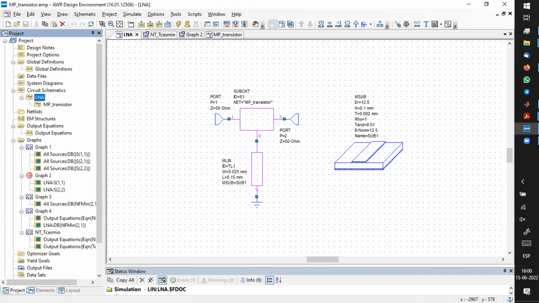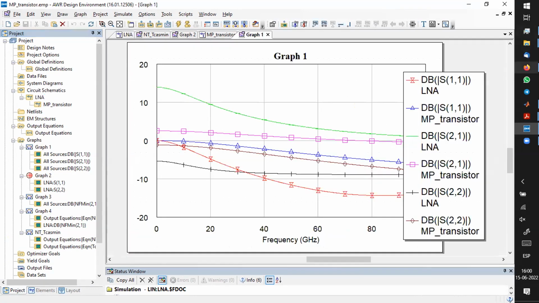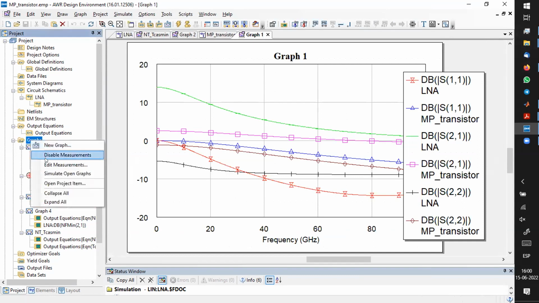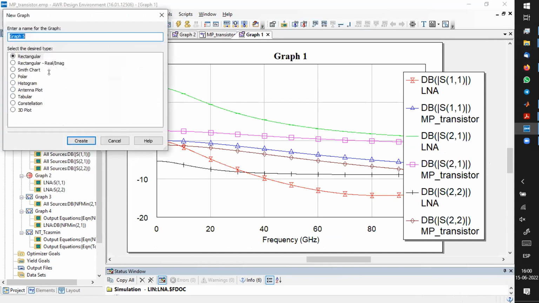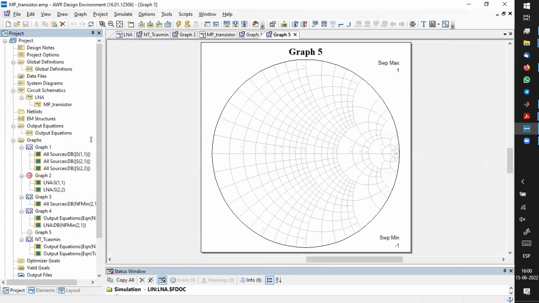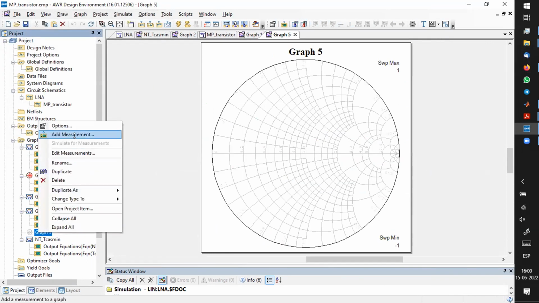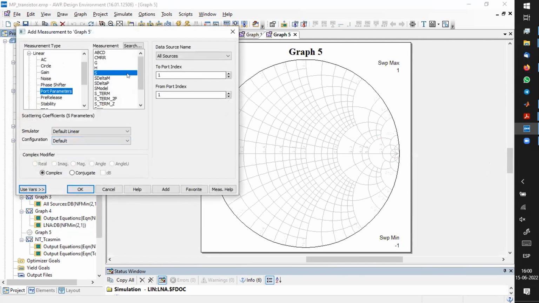Can you, Miguel, now plot the S-opt on a Smith chart? And remember, it's noise.